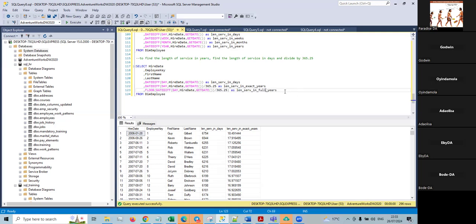What does the floor do? Who knows what the floor does? Nobody? Okay, let's see what it does.